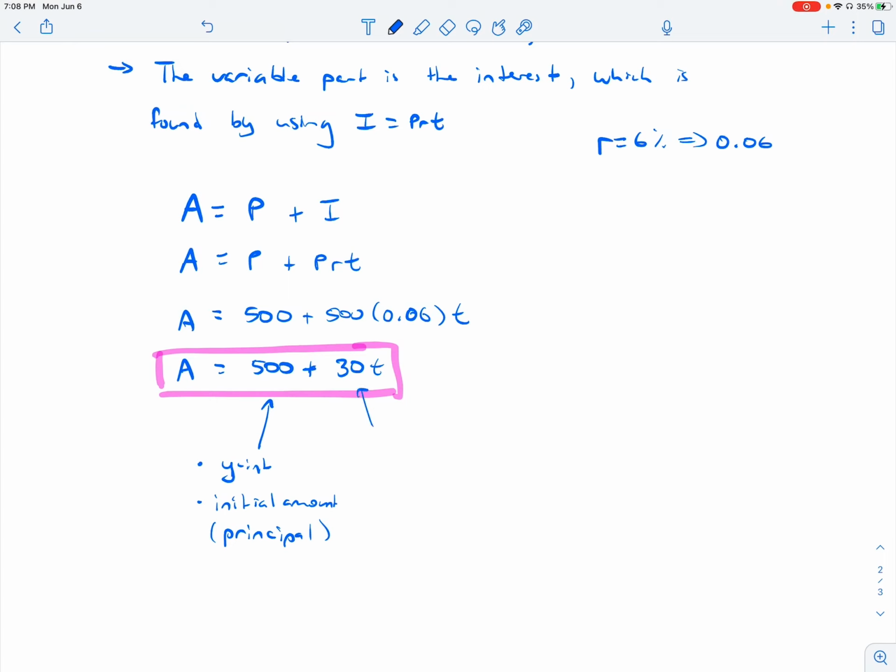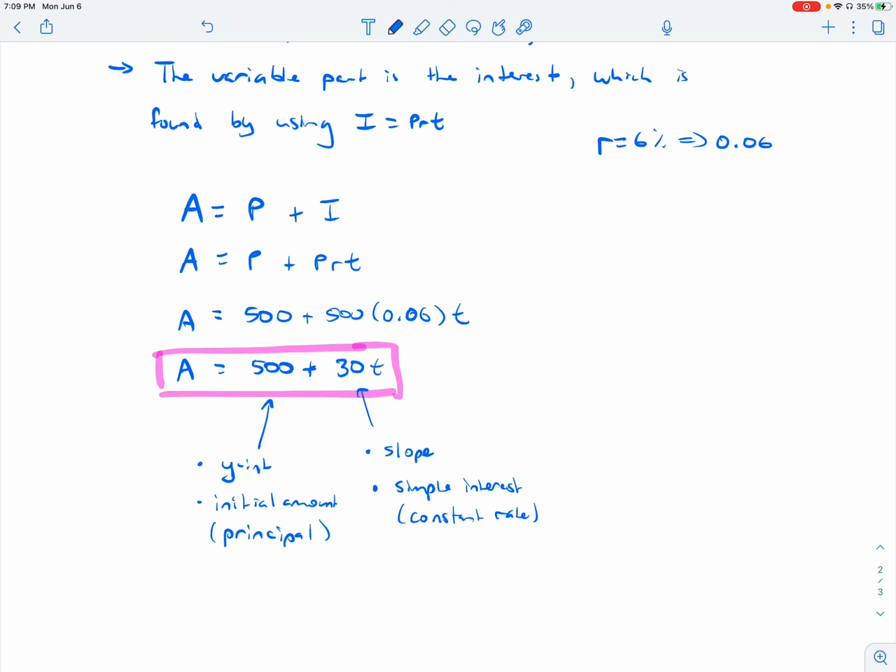And then the other part is the slope. This is the simple interest earned each year. The simple interest is a constant amount. So it's basically going to make $30 per year, every year.